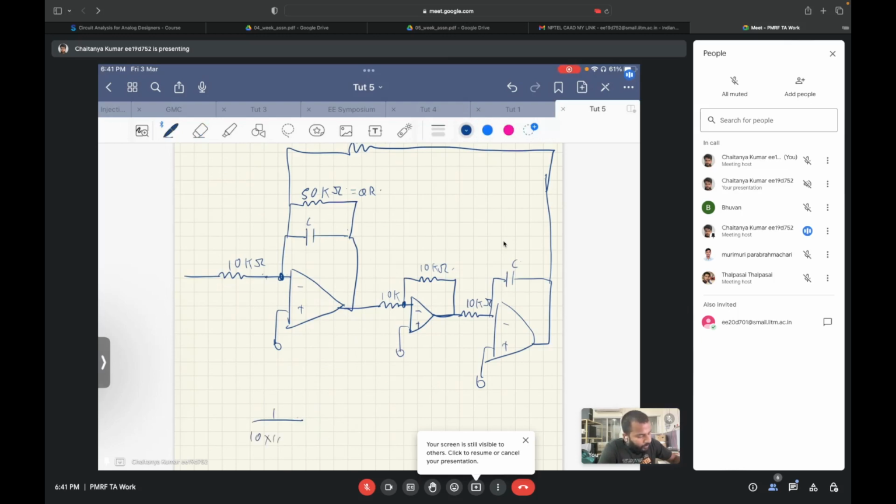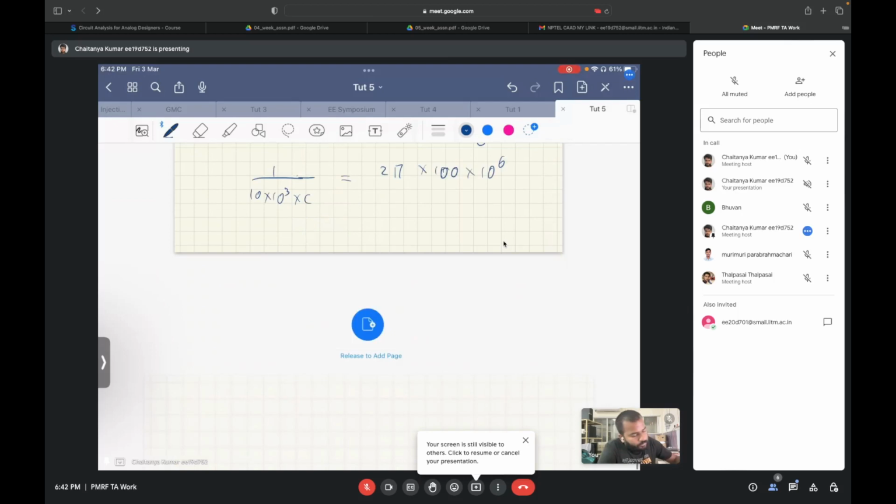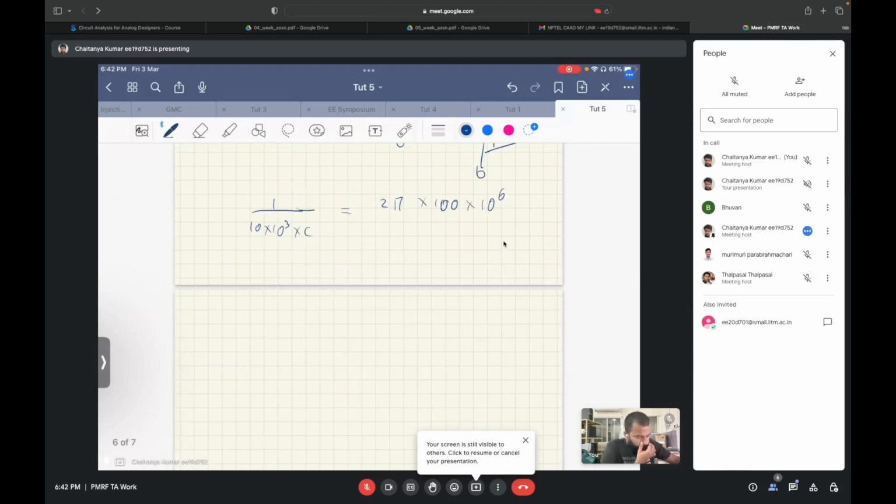From here, we get the value of capacitance as 1 upon 2 pi into 10 to the power minus 12.